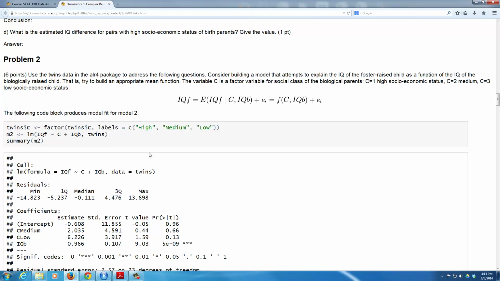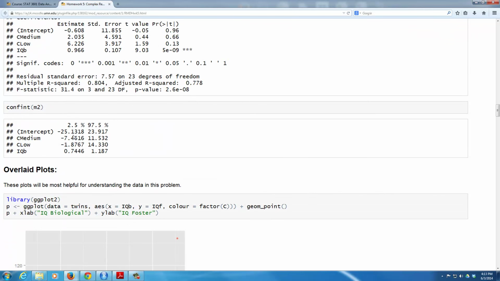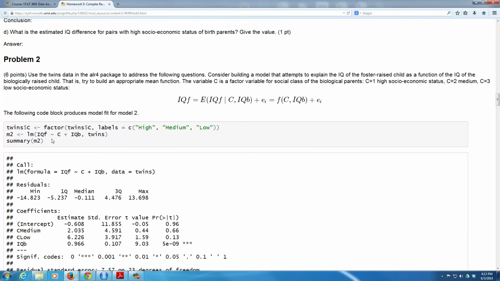The first model that we create here is the main effects model that has an adjustment for social class and a quantitative predictor, IQ for the biological twin.